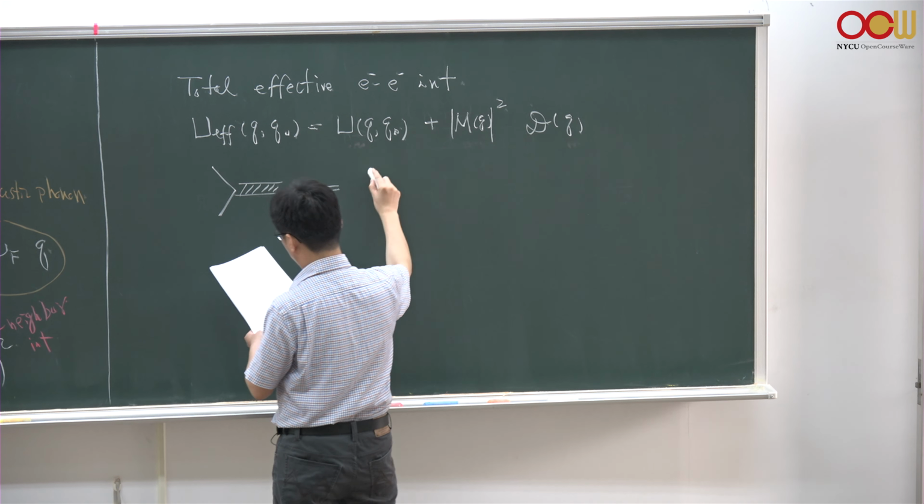I use a double dashed line or dotted lines to represent the screened effective Coulomb potential, and a double wavy line for the renormalized phonon propagator, and the electron-phonon coupling constant has been renormalized to the renormalized value capital M here and there.